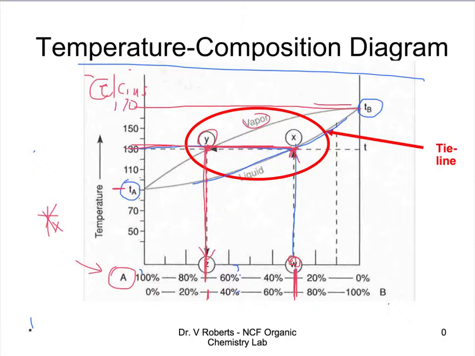Okay, so this line that connects the vapor that's in equilibrium with the liquid is called a tie line, and this whole process of boiling, liquid turning to vapor, vapor condensing into liquid again, is called one theoretical plate.